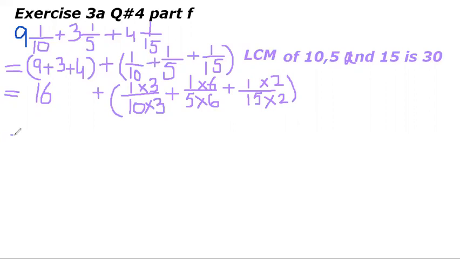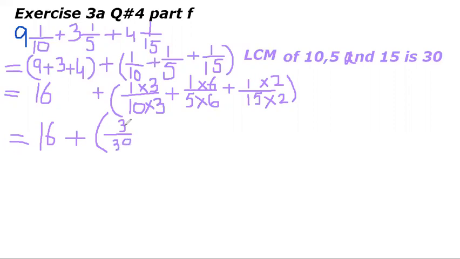Okay, now the next step is 16 whole number plus, bracket. Now multiply 1 times 3 in the numerator. 1 times 3 is equal to 3 and 10 times 3 is equal to 30.